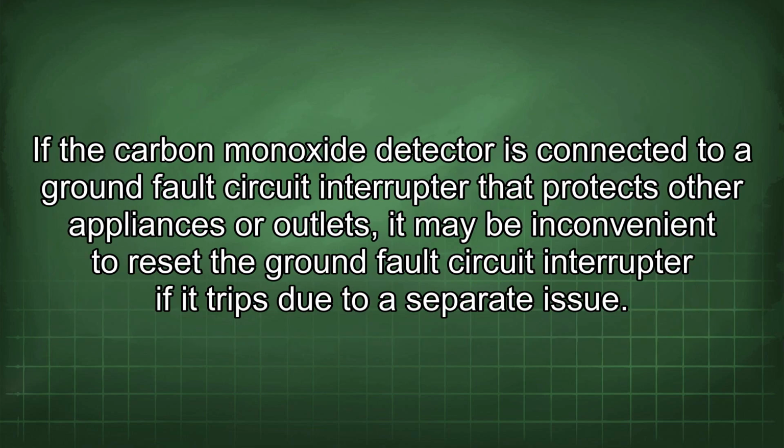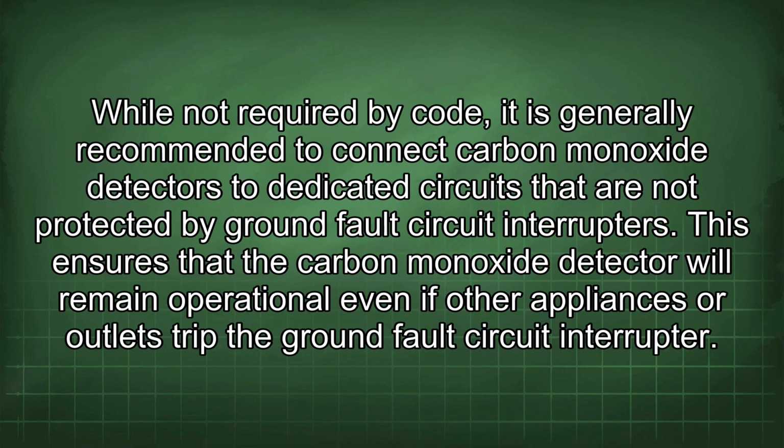If the carbon monoxide detector is connected to a ground fault circuit interrupter that protects other appliances or outlets, it may be inconvenient to reset the ground fault circuit interrupter if it trips due to a separate issue. While not required by code, it is generally recommended to connect carbon monoxide detectors to dedicated circuits that are not protected by ground fault circuit interrupters.